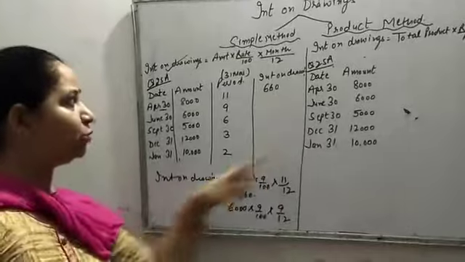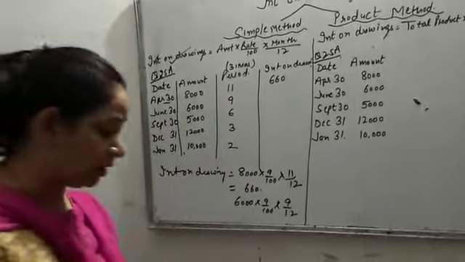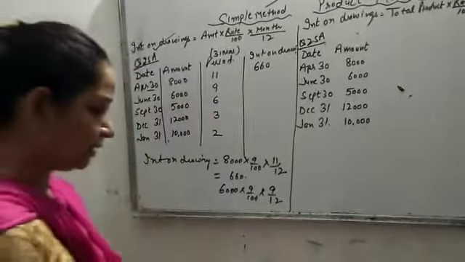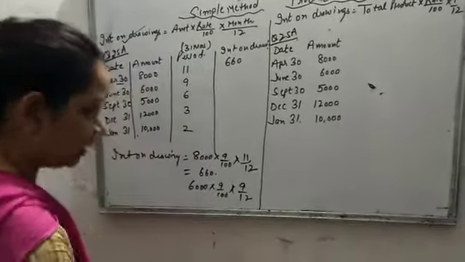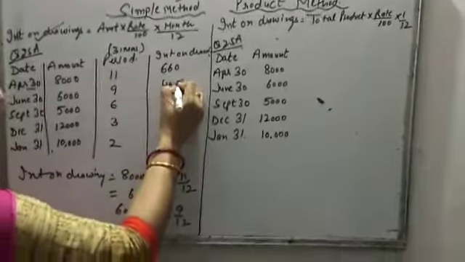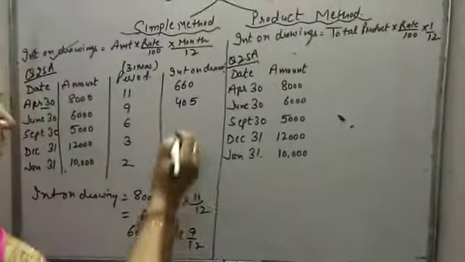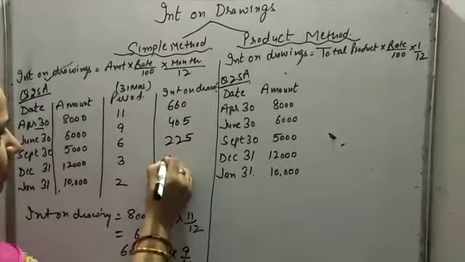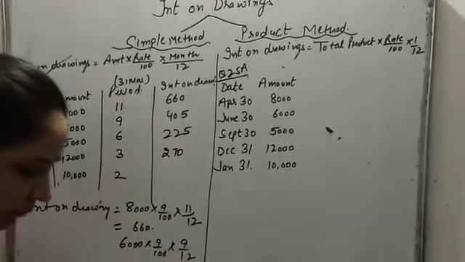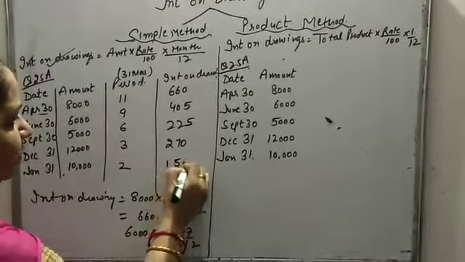It comes to 660, then 405, 225, 270, and then 150.